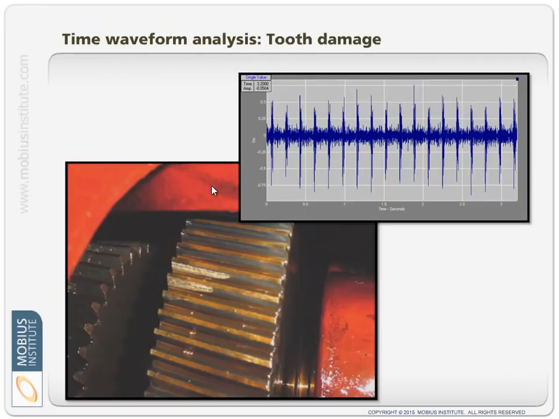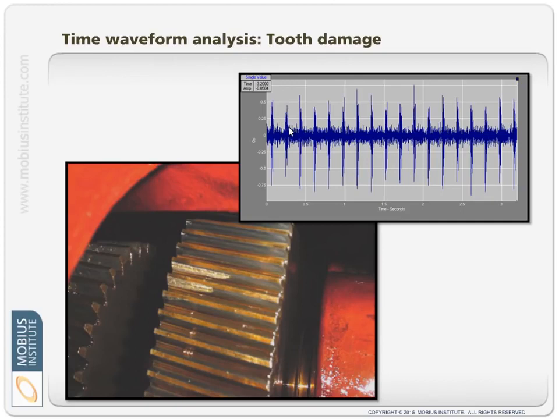And here's the one we saw in the first place. What's actually happening is, as all of these good gear teeth are going through the mesh with the mating gear, we get this low amplitude vibration. In the gaps you see just low amplitude vibration, but when these two damaged teeth go through the mesh, boom, there they go through the mesh, big spike.